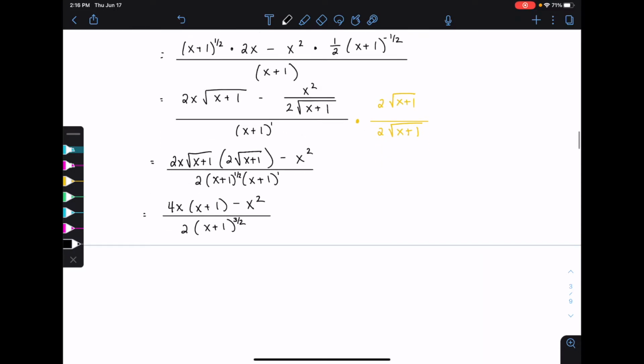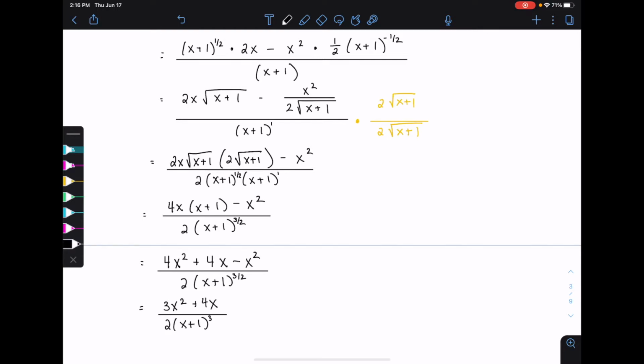Okay. So simplifying that out, this will give us 4x squared plus 4x minus x squared divided by 2 times x plus 1 to the 3/2. So one last step to simplify. This is 3x squared plus 4x divided by 2 times x plus 1 to the 3/2.